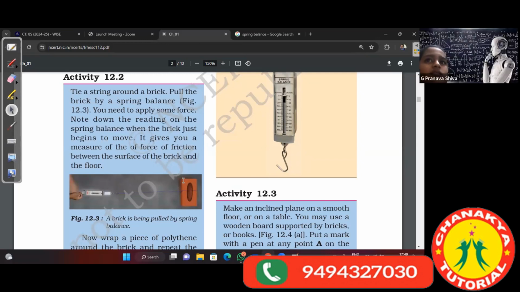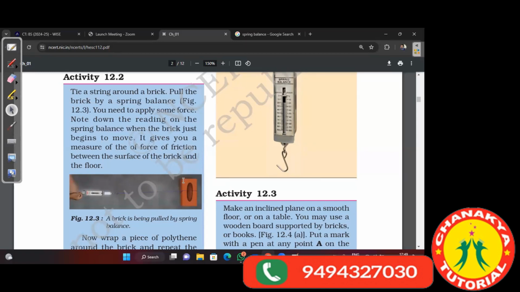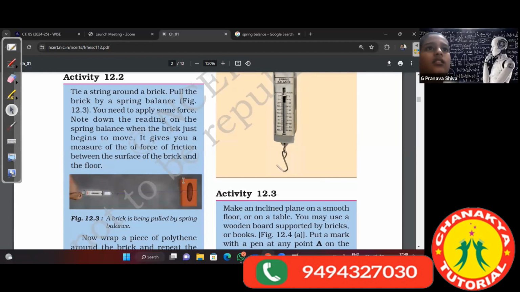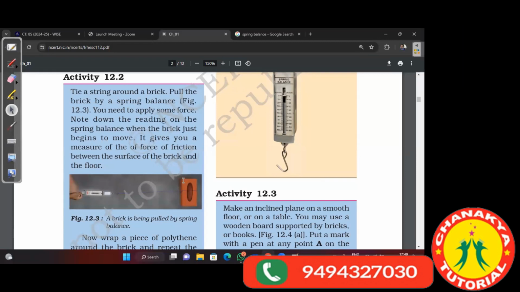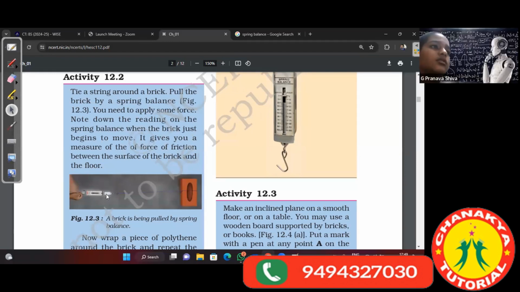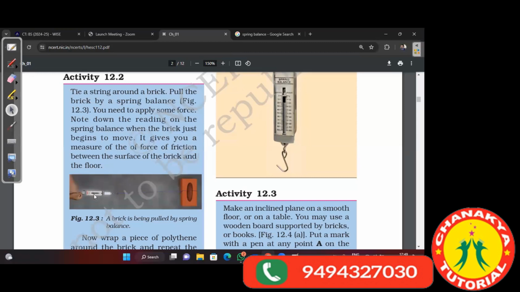Sir, what is there in the spring balance that shows the number? That's the blade of the spring balance which is attached to the spring. Not that blade, sir, inside.